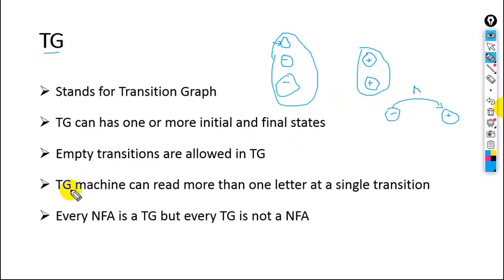Okay, next one: a TG machine can read more than one letter at a single transition. What does it mean? For example, if we have a final state, and from it a transition to, for example, state number 2.